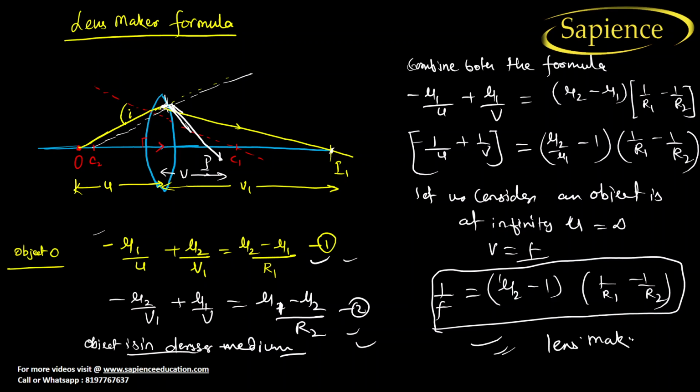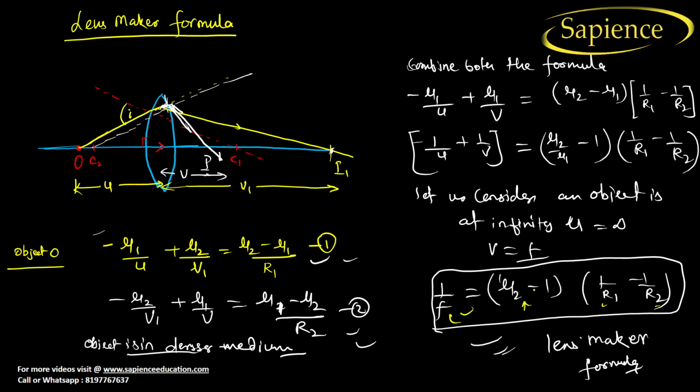Now you are thinking, why is this considered the lens maker formula? We consider it so because if you want a lens of a desired focal length and desired radii r1 and r2, then you can adjust these quantities to get the desired result.